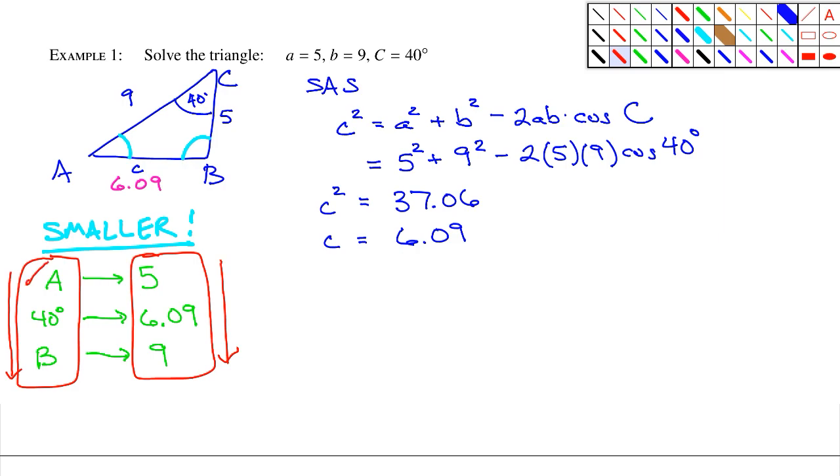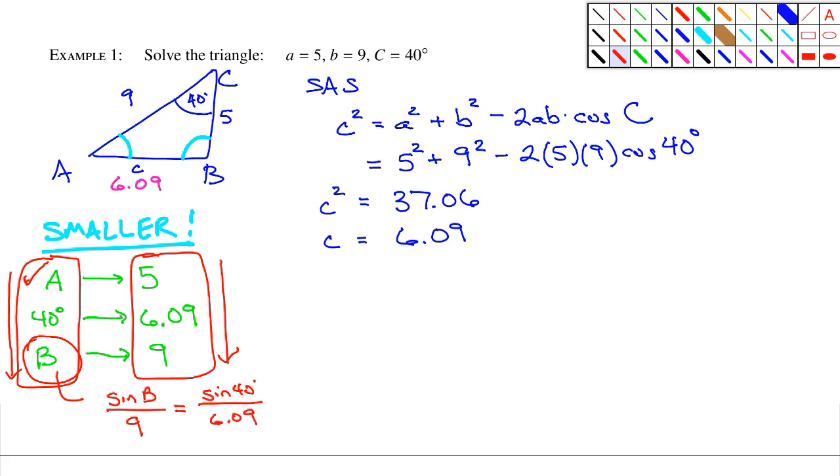Now the other reason, in addition to that, is how would we find angle B? And the answer is we would use the law of sines. And we would have the sine of B over 9 is equal to the sine of 40 divided by 6.09.